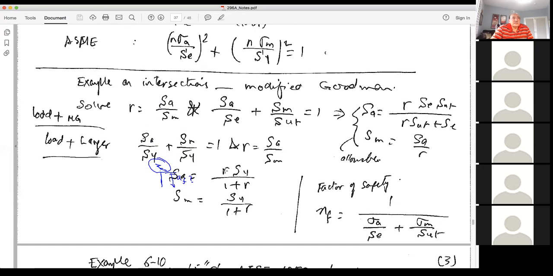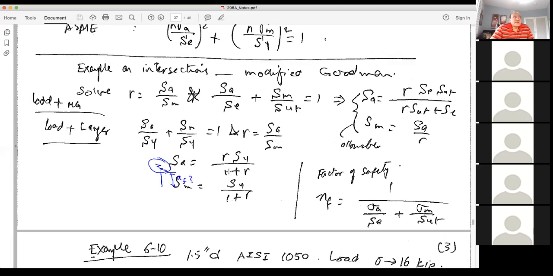I wanted to show how we consider that. So for example, if we have modified Goodman as a criterion, we usually have a load line, and the load line is the ratio of the alternating over the mean stress. In other words, if I'm applying a load from outside, it produces an alternating stress, and it produces a mean stress, like let's say a moment plus an axial load.